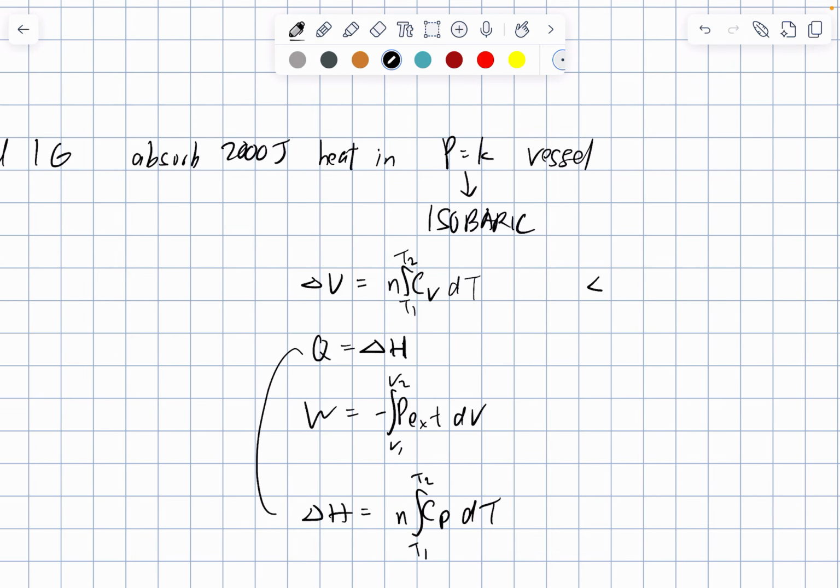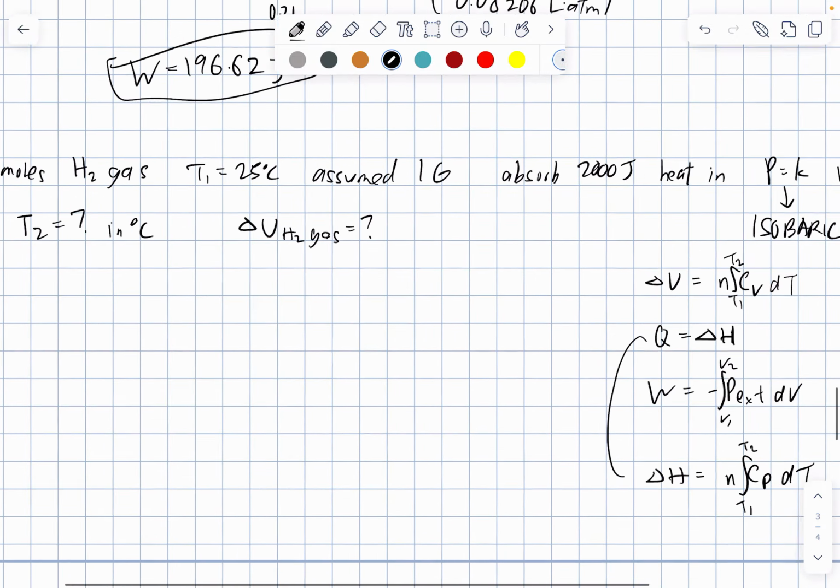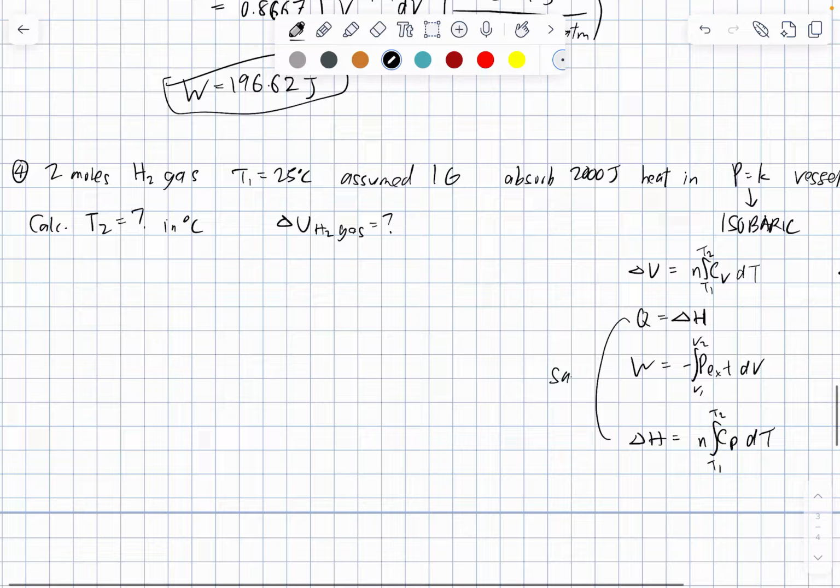Let's bring out the first law equation. Delta U equals Q plus W. Let's just keep this as is.